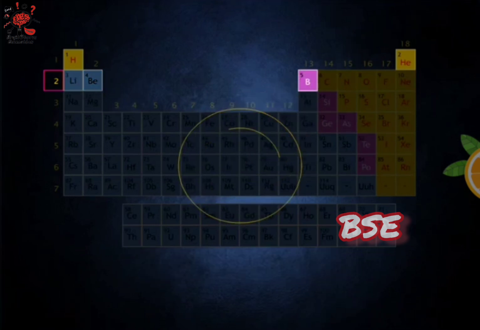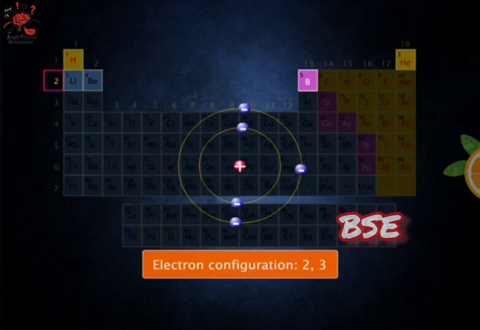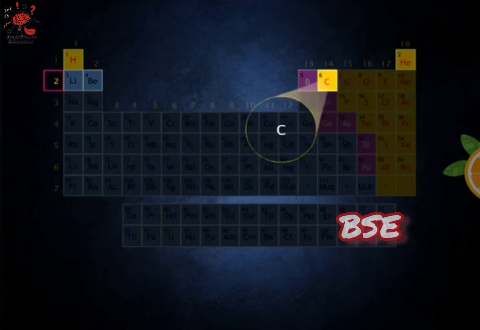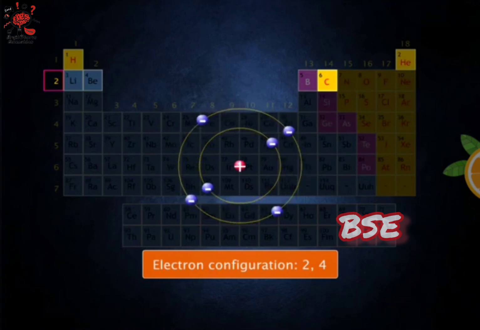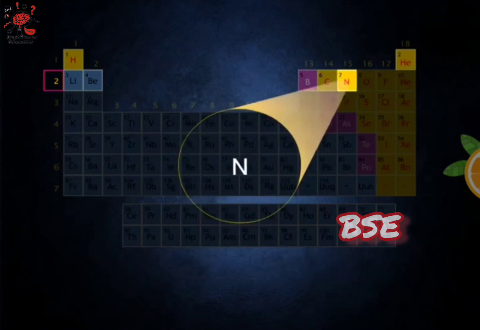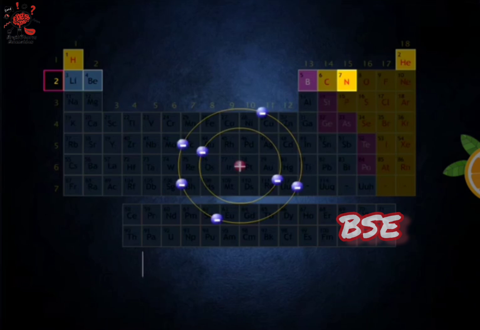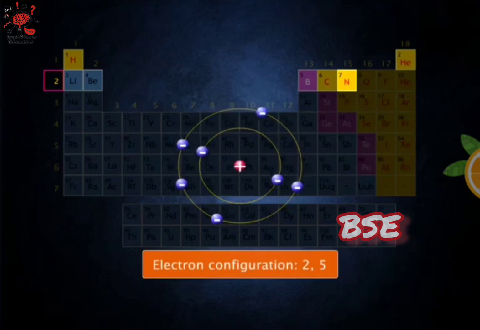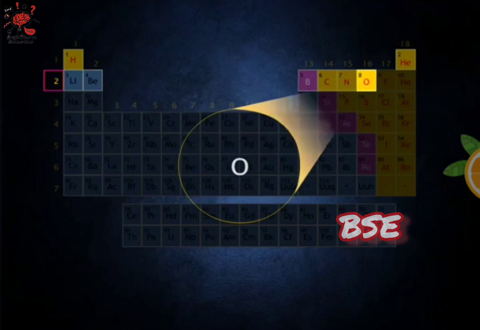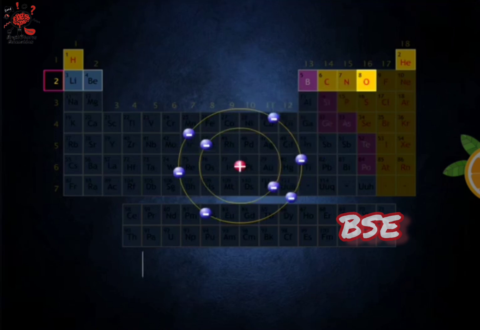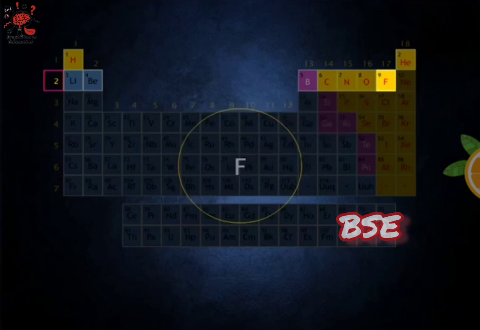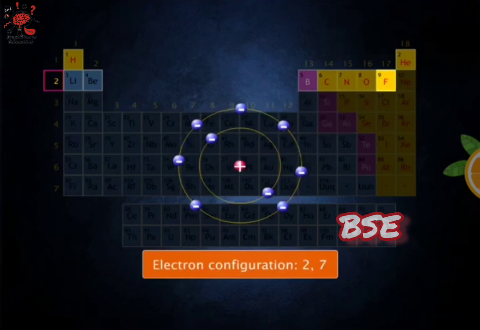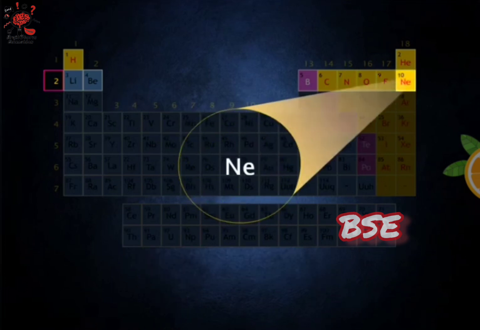boron, carbon, nitrogen, oxygen, fluorine, and finally, neon.